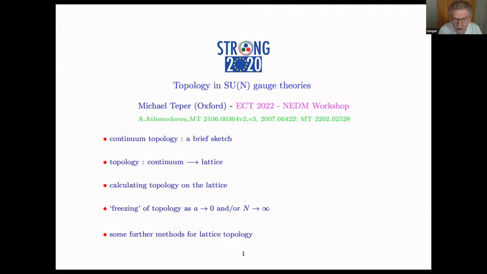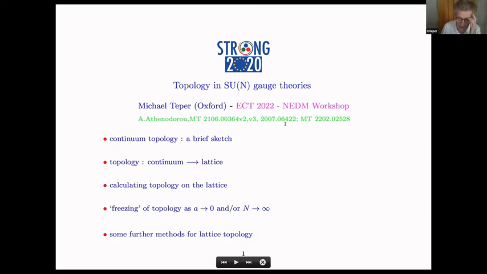And indeed, both speakers talked about fermions, well, especially Constantia talked about theories with fermions. So I will just talk about topology in pure gauge theories. To the extent that there are some new plots in this talk, most of them come from two recent papers with Andreas Athanasiou, which are listed here.